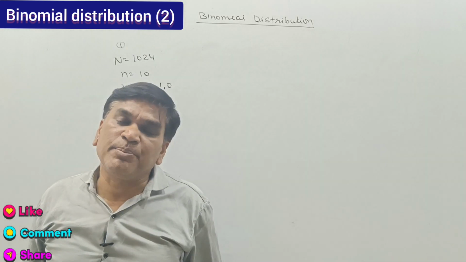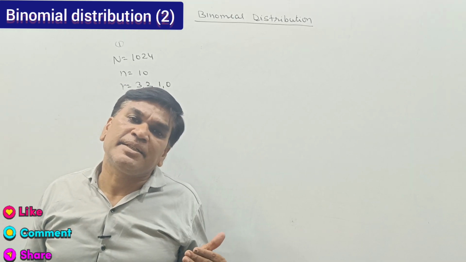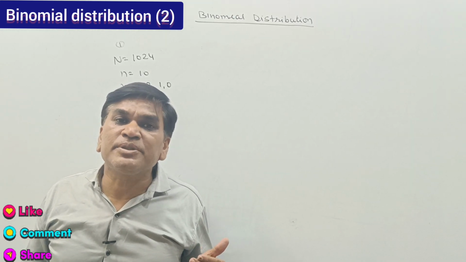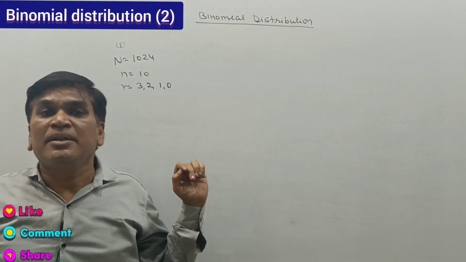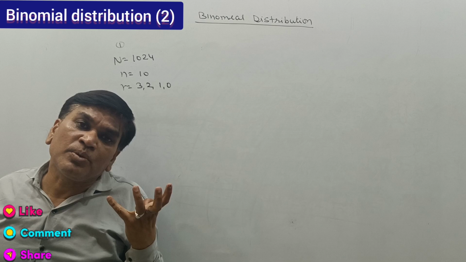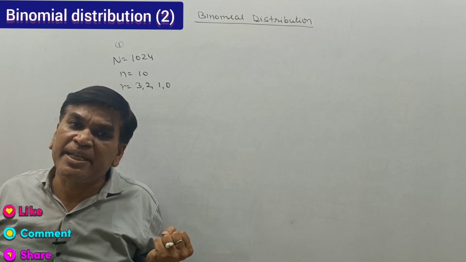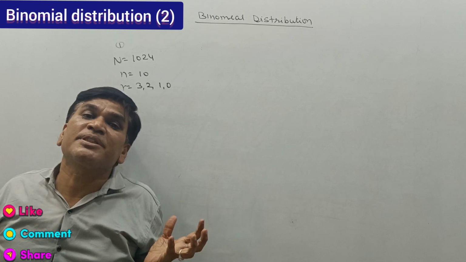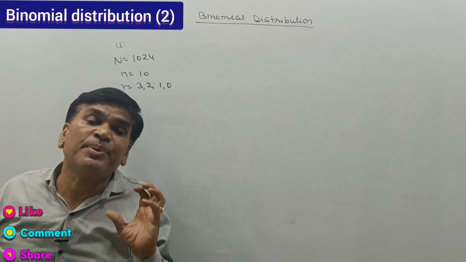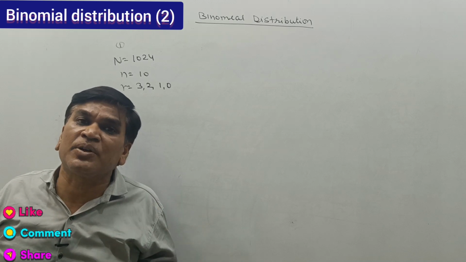Again, I am repeating the question. For a research, 1024 researchers go to the rural areas to find out how many persons are watching the serial Kaun Banega Crorepati. Each investigator asks 10 persons whether they see this serial or not.